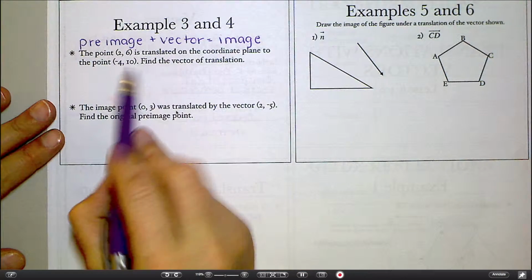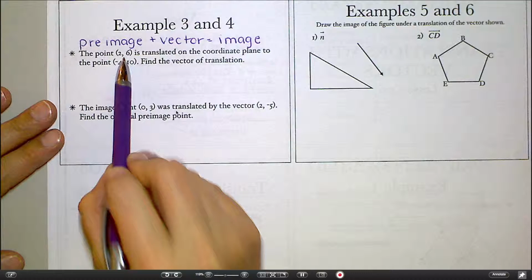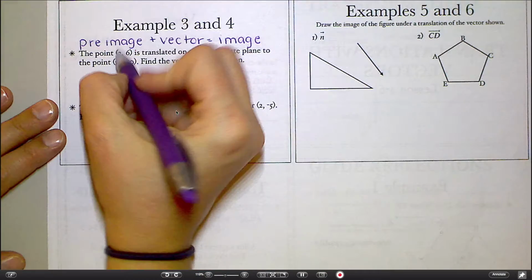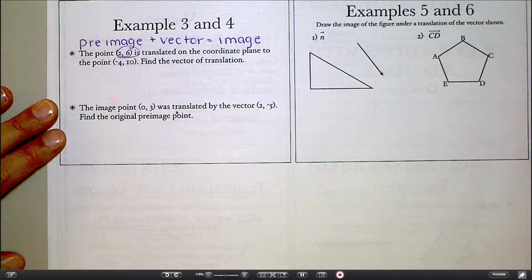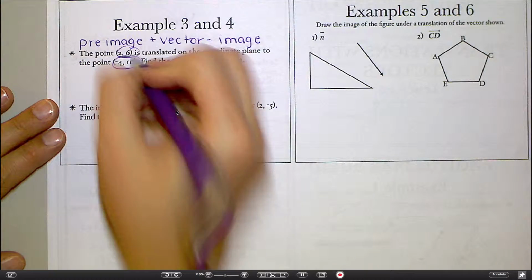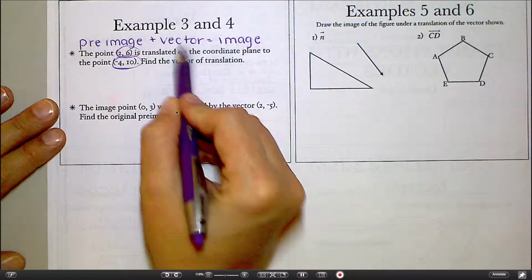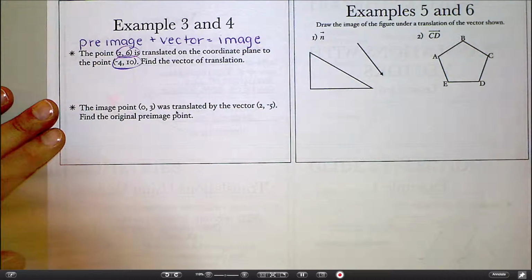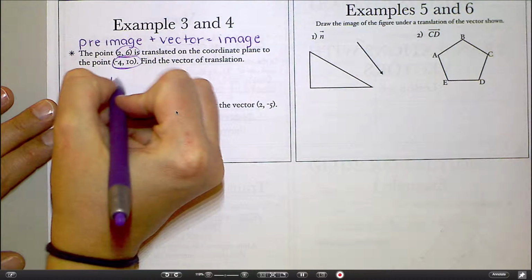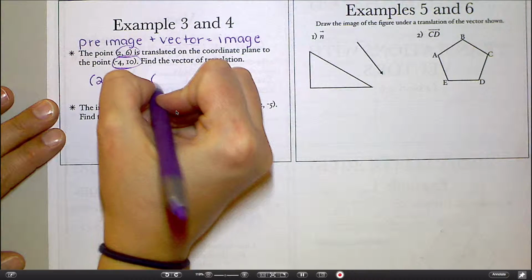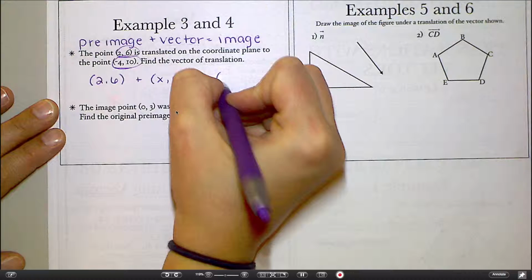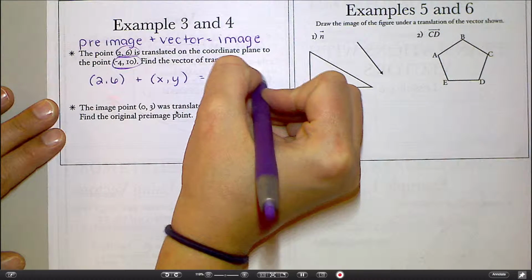So, the point (2, 6) is translated to the point (-4, 10). So (2, 6), that's my pre-image. That's where I'm starting. And it's translated so that it ends up here, so this is my image. And I want to find the vector. So I know that (2, 6) plus some mystery vector is going to give me (-4, 10).